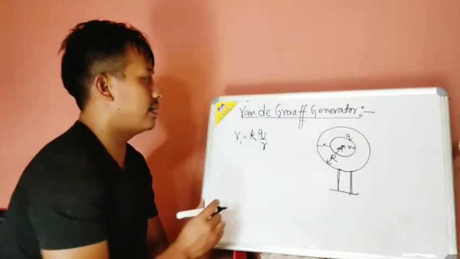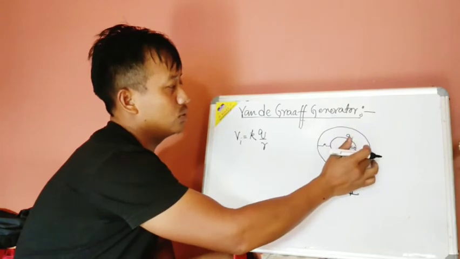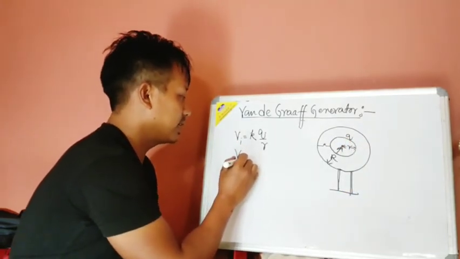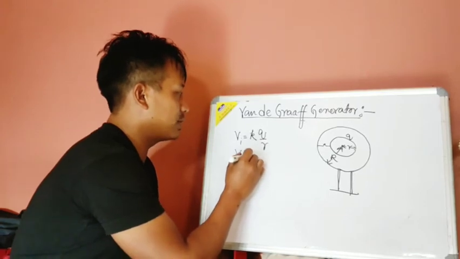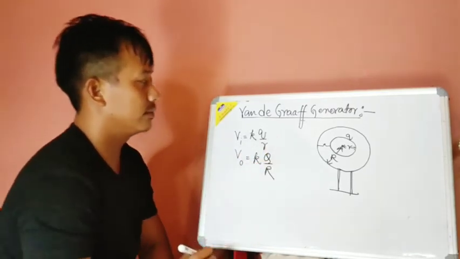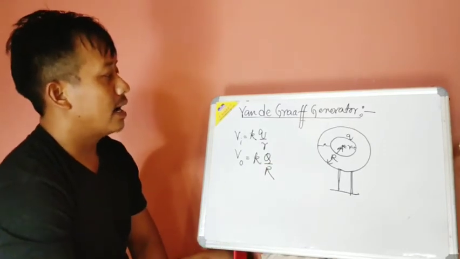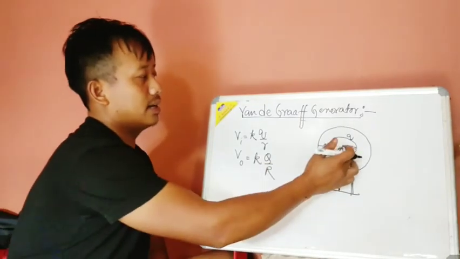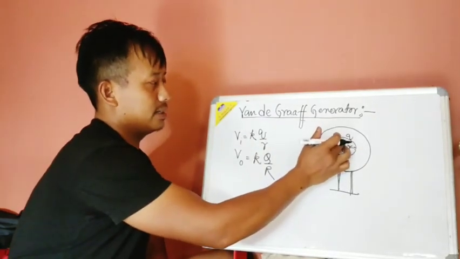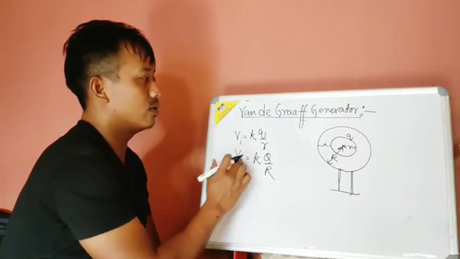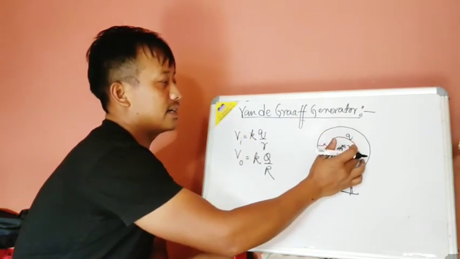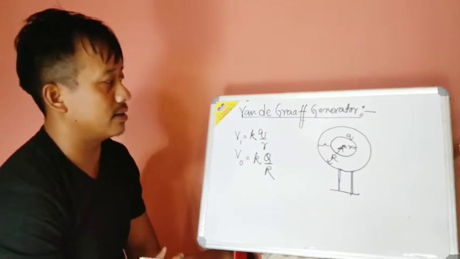The potential at the center due to the outer cell, VO, will be K Q divided by R. Which potential should be larger at the center, Vi or VO? Obviously Vi will be larger because the inner cell is nearer to the center.